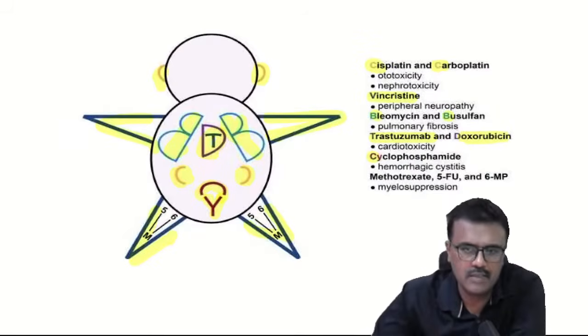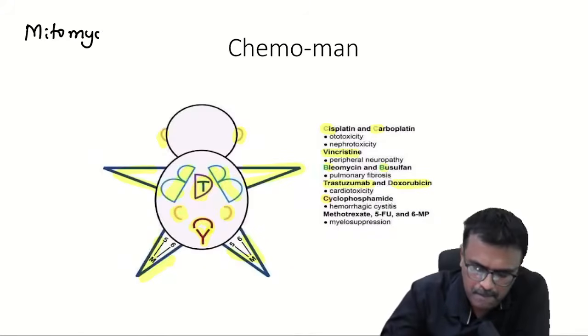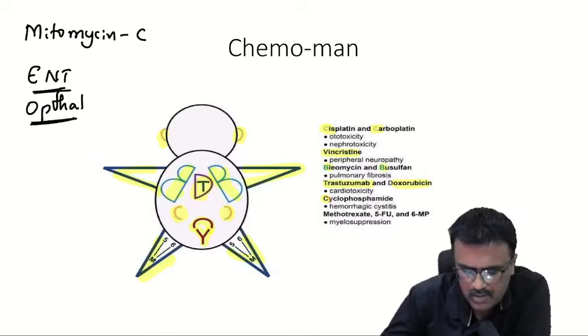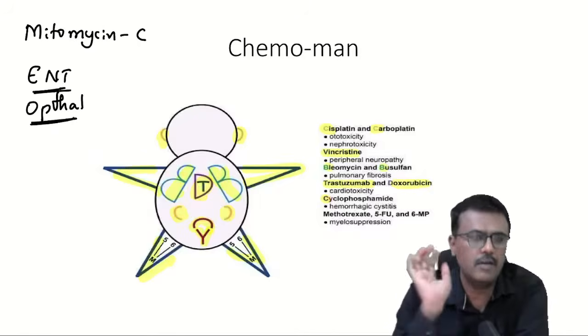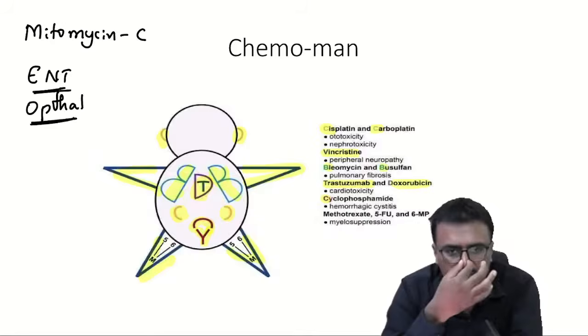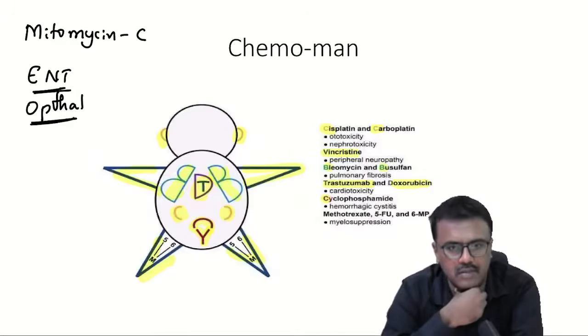Another favorite for examiners is a drug by the name mitomycin C. Can you tell me where it is used in ENT and ophthal? In ENT, it is used to prevent nasal stenosis after surgery and also laryngotracheal stenosis.